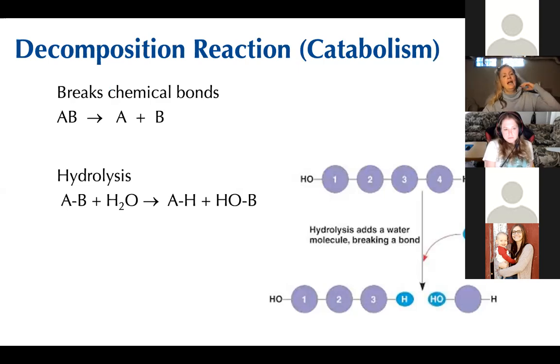So let's look at a decomposition reaction. We break AB into its component parts. The reaction's going in this direction. Pretty often in our bodies, since everything is solvated in water, we use water to break apart molecules, and it's called hydrolysis to break those bonds.